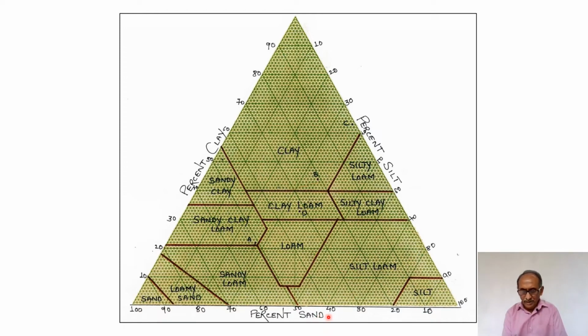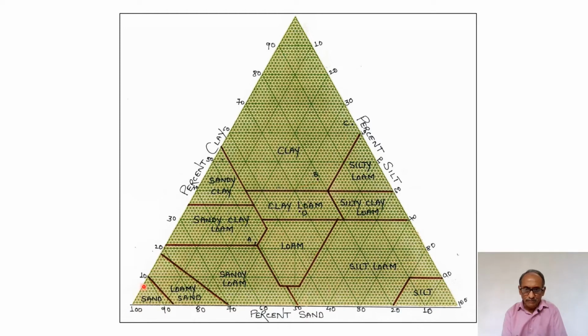For example, if the sand is, let us assume, 40%, then this particular line is 0, then 10, 20, 30 and 40. So sand is 40% means this line. And suppose your clay is this particular line, that is 0%, then this is 10%.